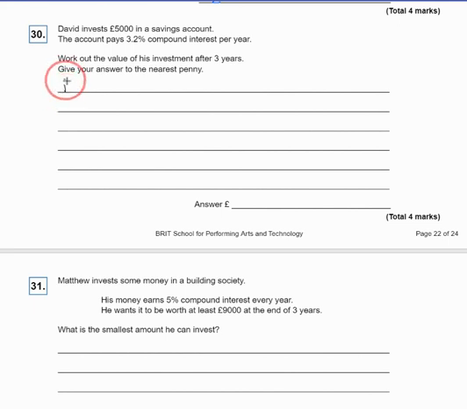So increase by 3.2% means we're basically working out 103.2%. And that as a decimal is 1.032.